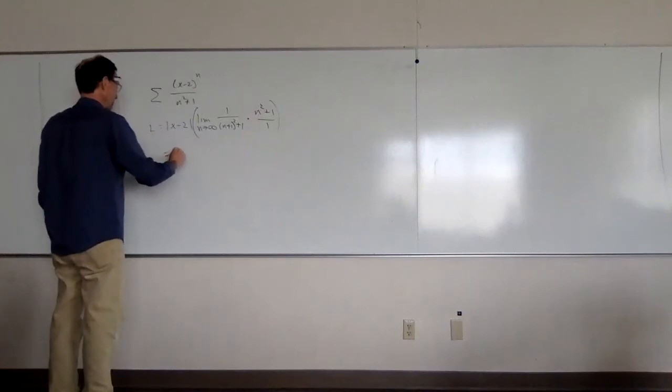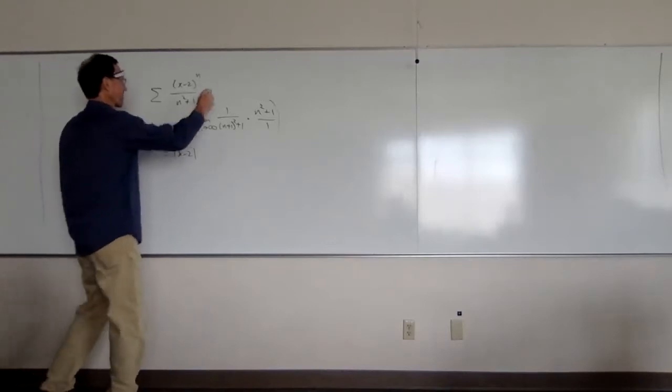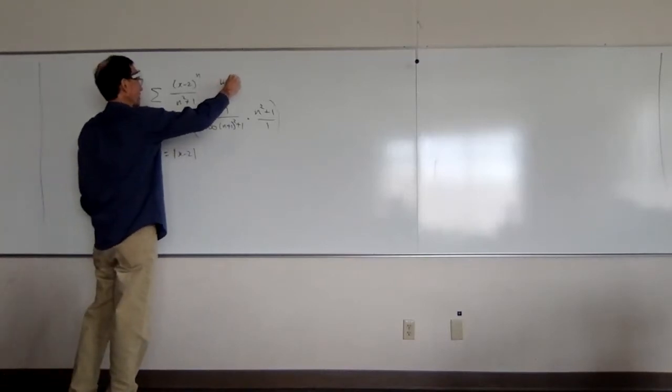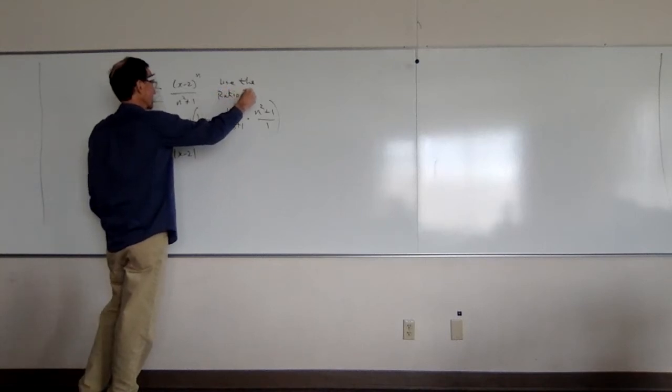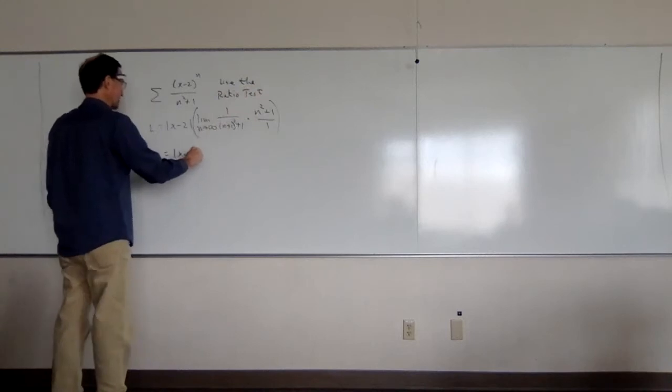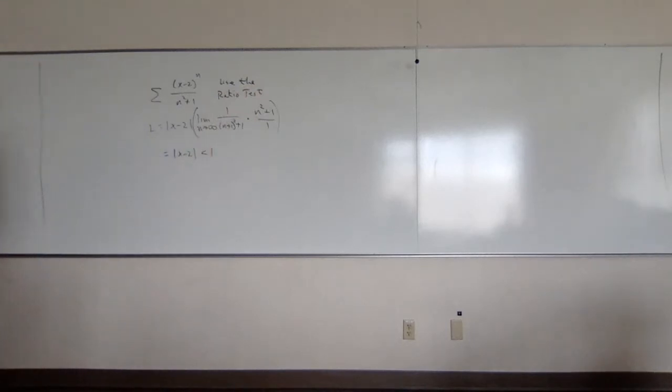Therefore, you get just the absolute value of x minus 2. And this is the ratio test, so for convergence we need it to be less than 1.